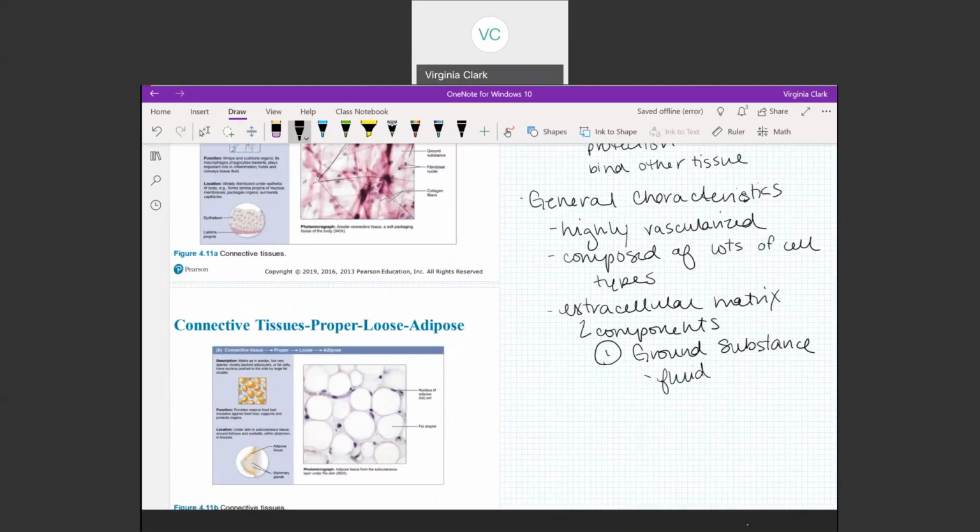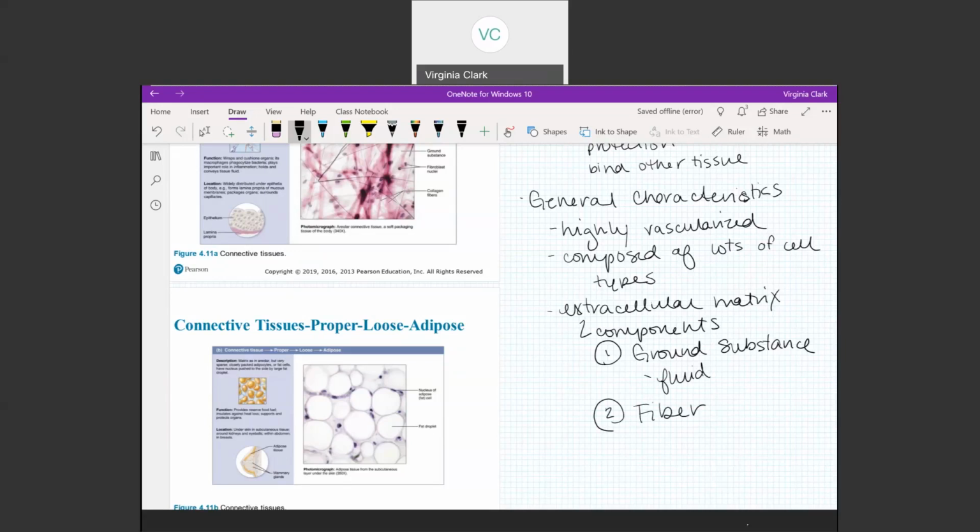For some reason, whenever I hear ground substance, I think of something solid, but it's not. Ground substance is actually going to be an interstitial fluid, so it's between the cells. This may be semi-hard, semi-solid, maybe liquid, but it's going to err on that side of more of the liquid semi-solid phrase.